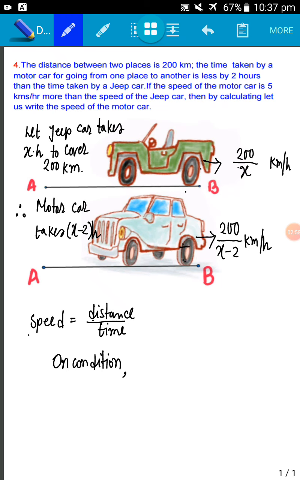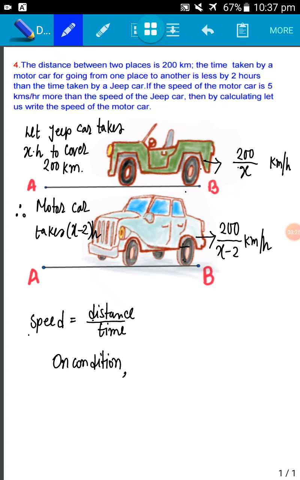Speed means distance by time. Both the cars cover 200 kilometers and their times taken are x and x minus 2. So for the jeep car the speed is 200 by x and for the motor car 200 by x minus 2.